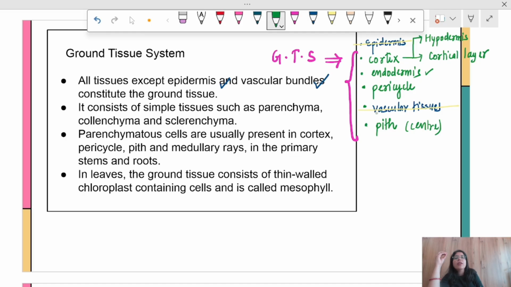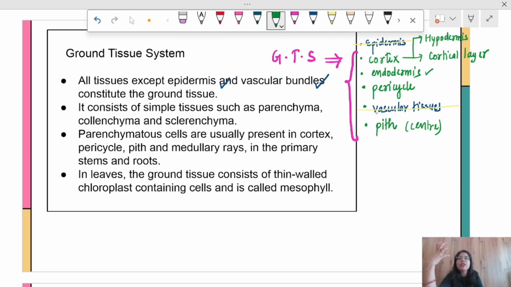Now, most of the layers of cortex will be parenchymatous. Pericycle can be sclerenchymatous, sometimes it can be parenchymatous. Pith is always parenchymatous, medullary rays always parenchymatous.